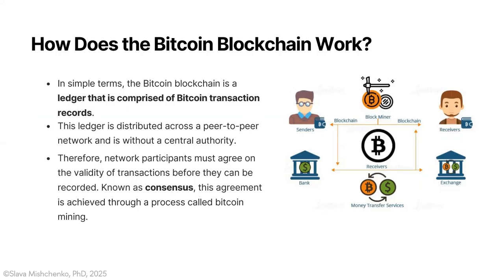So let me emphasize that this is a simplified model, but nevertheless it captures the essential elements of how Bitcoin's blockchain operates in practice. And I think that the beauty of the system is its ability to maintain consensus across a distributed network while ensuring security and transparency. Next slide.